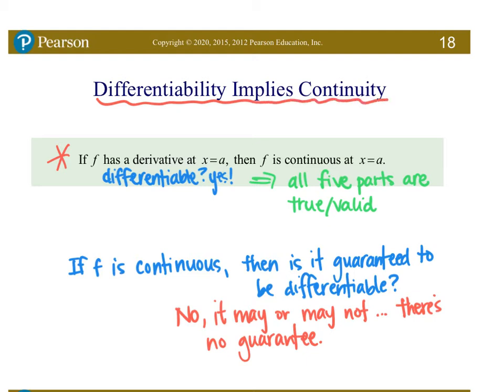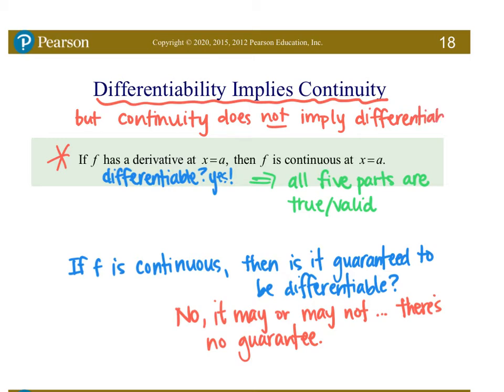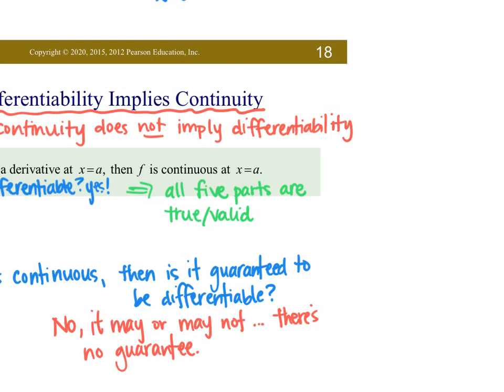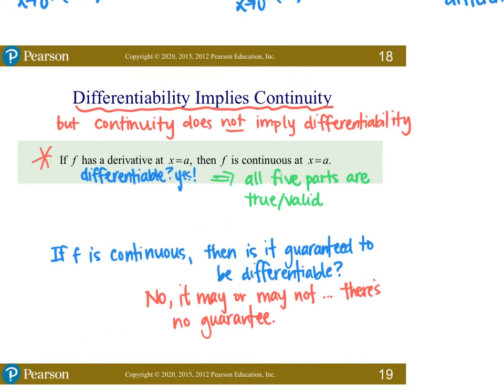But continuity does not imply differentiability. It might be differentiable, but it might not. And so that's not a guarantee. Differentiability implies continuity, but continuity does not imply differentiability.